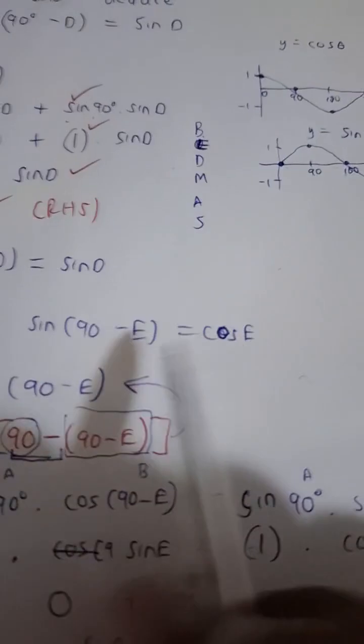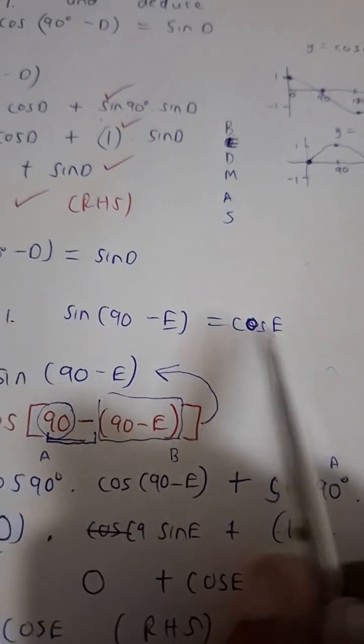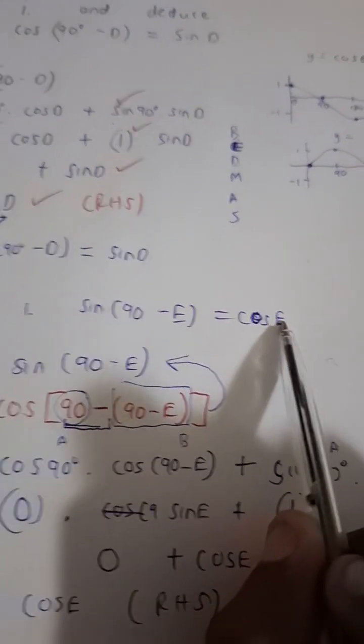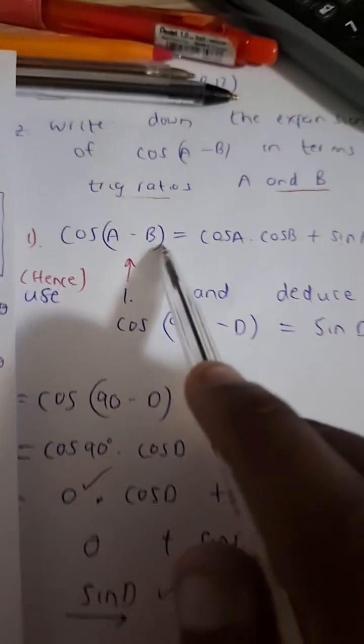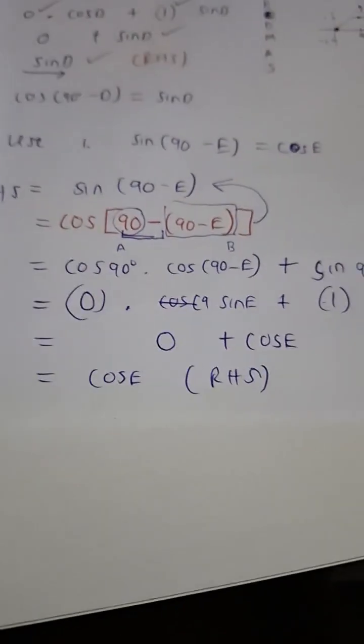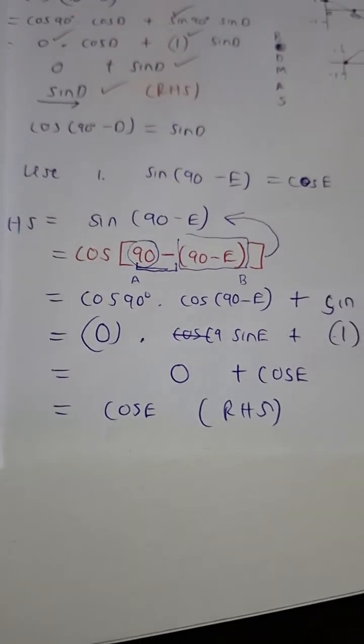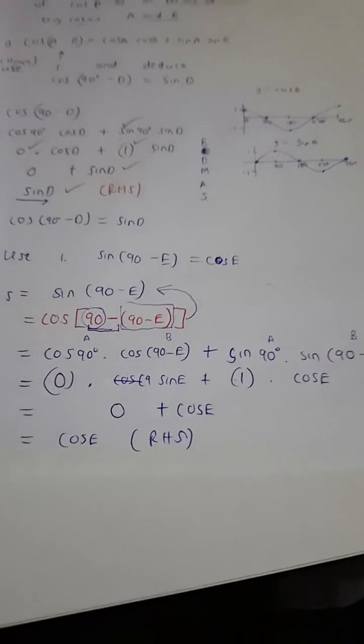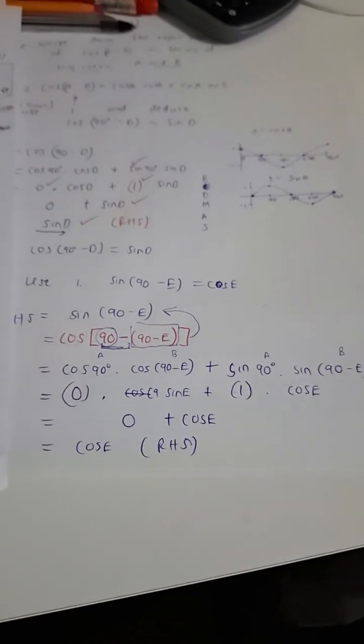This is what I was looking for. I wanted to prove that this is equal to that using the expansion of cos A minus B, having been given sine of 90 minus e is equal to cos e. So there it is. It is actually equal to cos e. Proven. Done. Dusted.